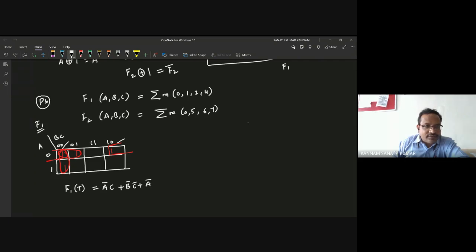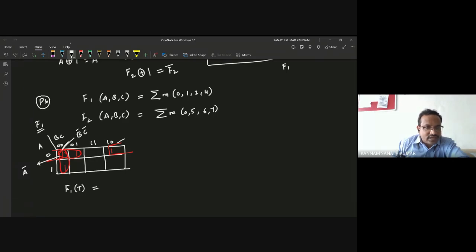First, this one, this pair is nothing but B bar C bar, and this one is nothing but A bar B bar, since A bar, which is common, 0 is common.